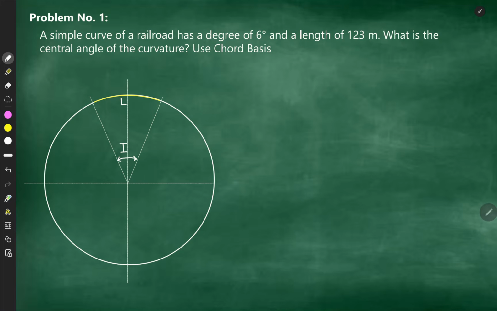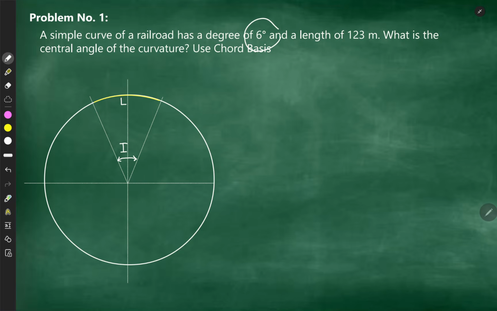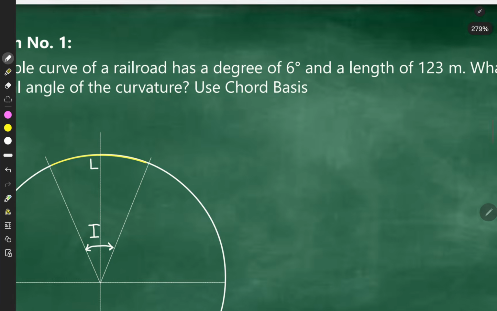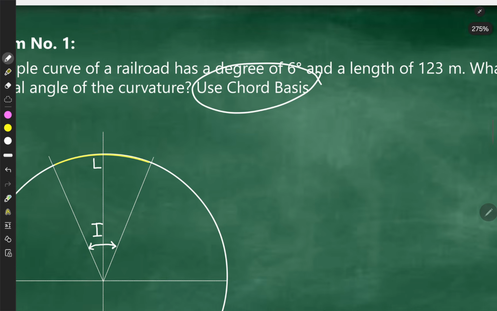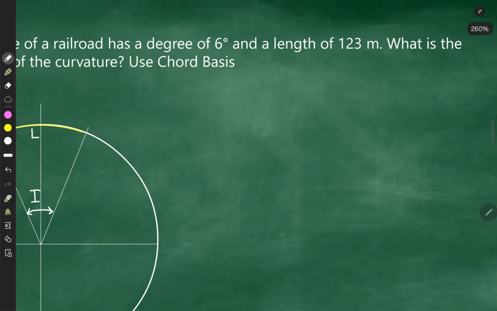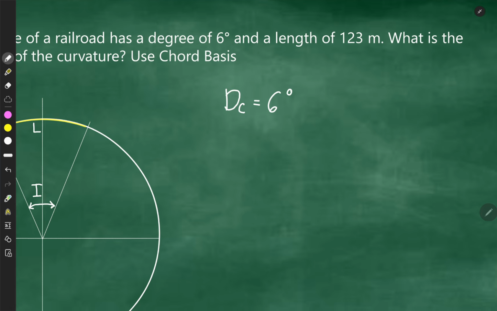So, if we are going to consider this, 6 degrees is what we call our degree of curve. So, that is now our degree of curve, and we will be using chord bases. So, that is now our DC, which is 6 degrees.